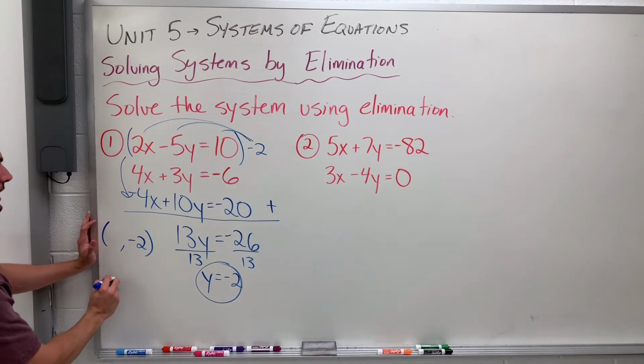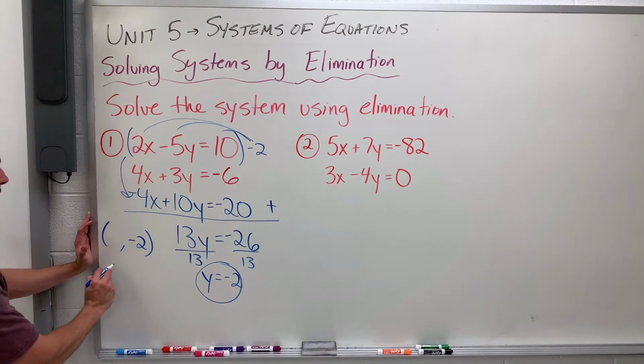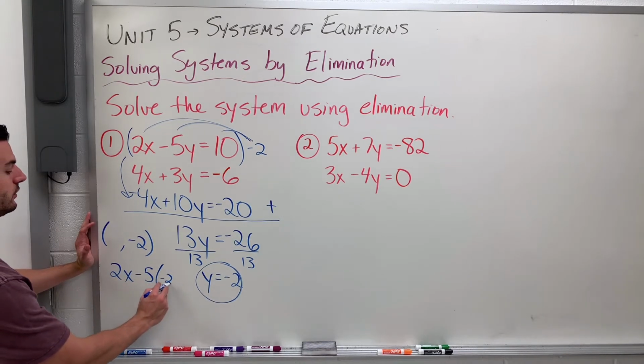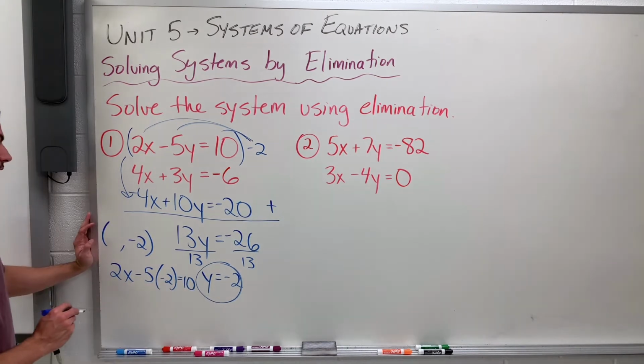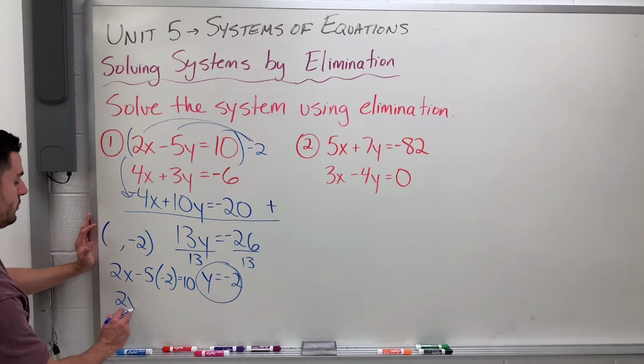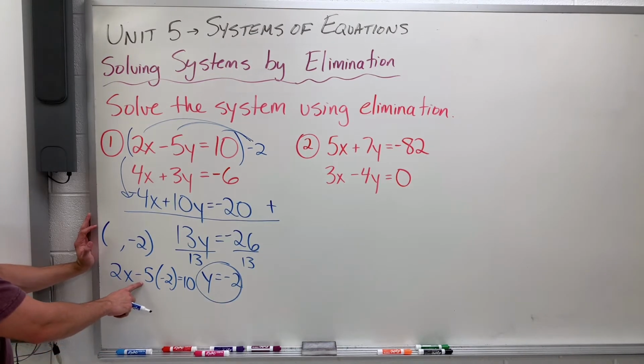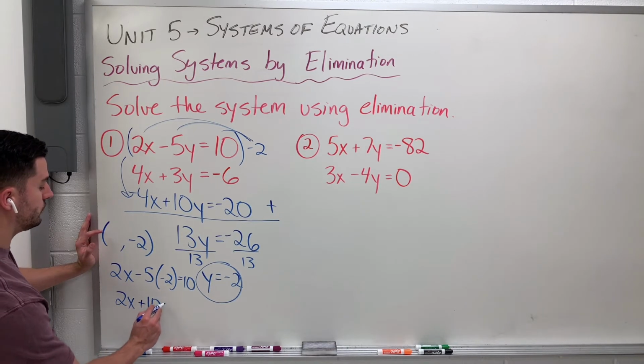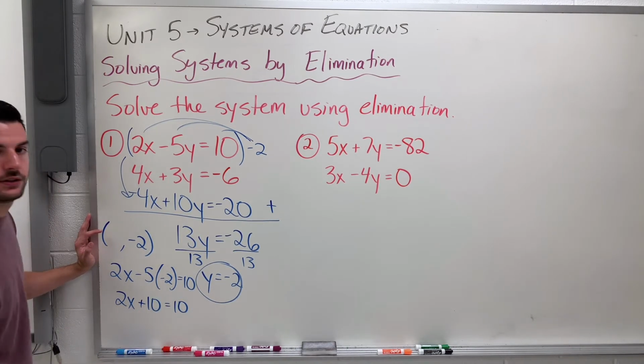So I would take that 2x minus 5y, and I would do 2x minus 5 times negative 2 equals 10. And so here, I will get 2x, so negative 5 times negative 2 is positive 10. So 2x plus 10 equals 10, okay?